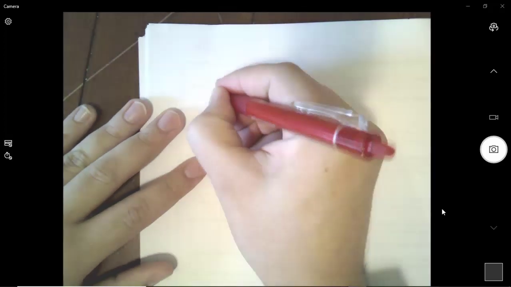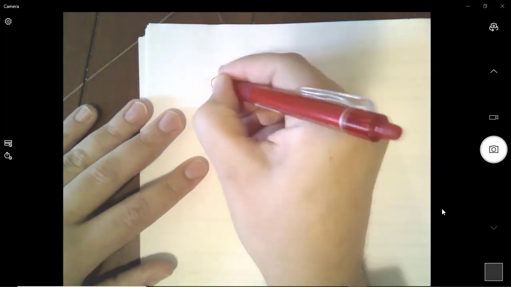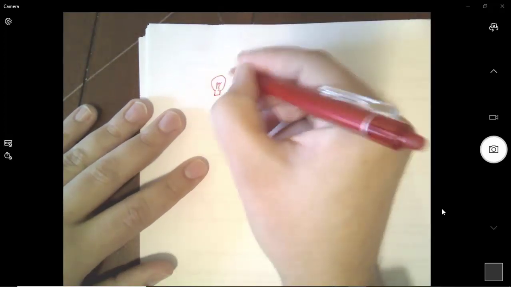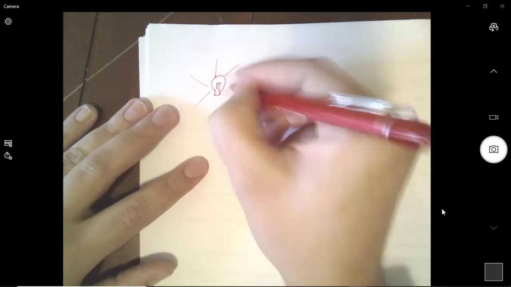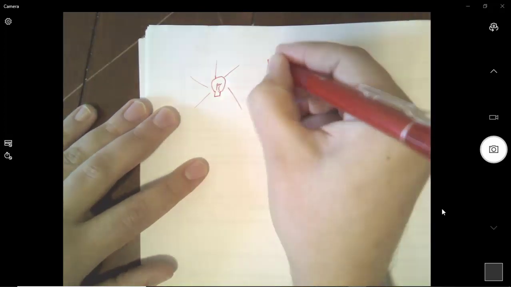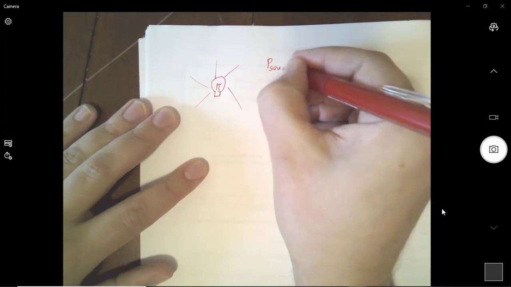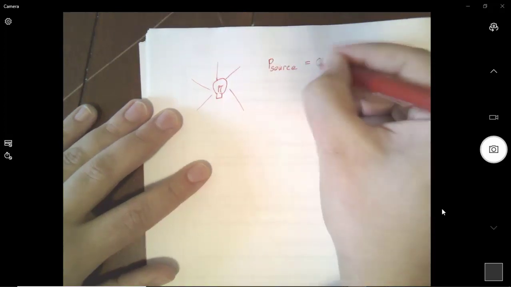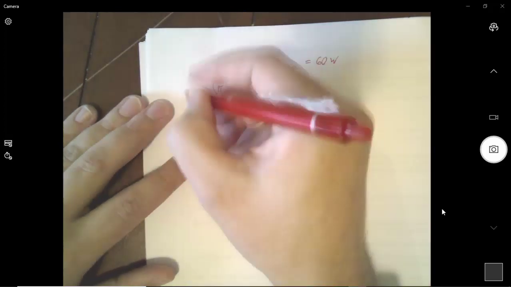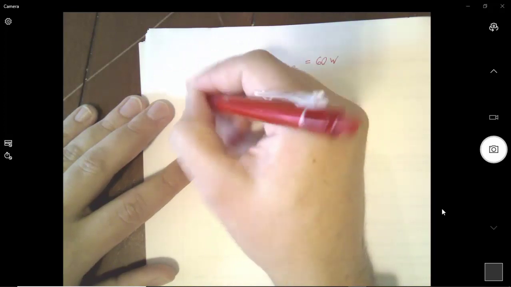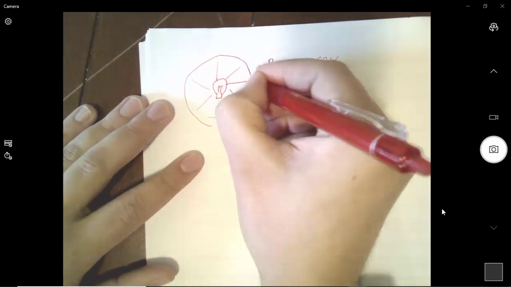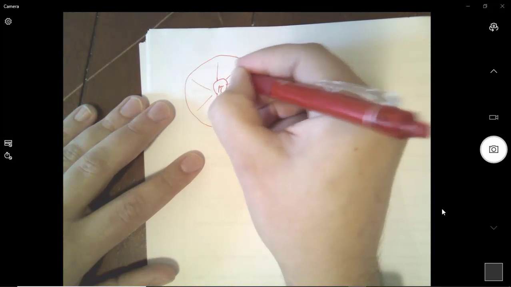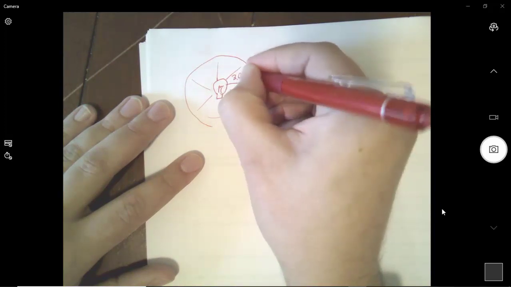So, let's say that we have a light bulb here, and it's emitting at 60 watts. And we want to know how bright the light bulb is at a distance of 3 meters away.